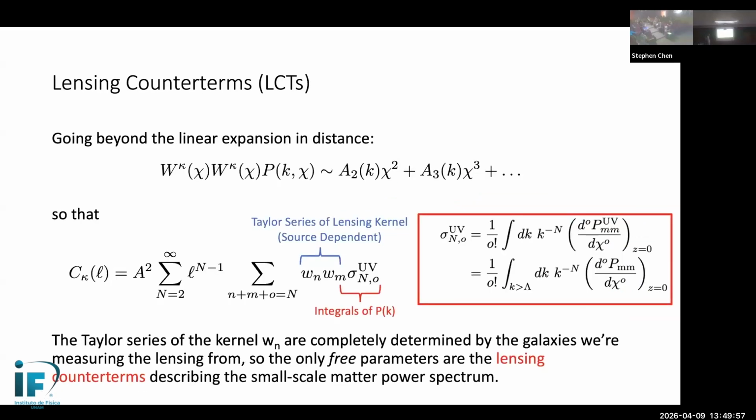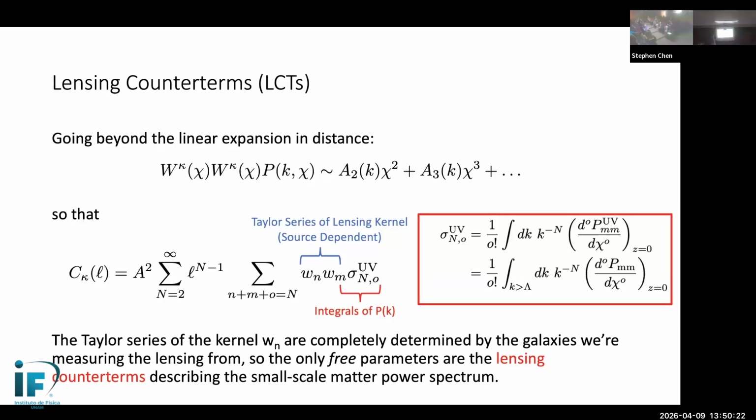In general, of course, we can expand the weak lensing integral to smaller and smaller scales. I won't go through all the math. What you find is that every single weak lensing observable can be expanded through a series of consistent integrals of the matter power spectrum, involving also its time dependence.